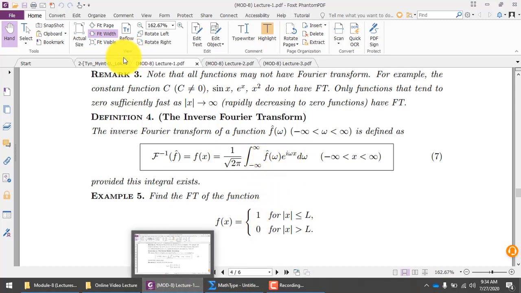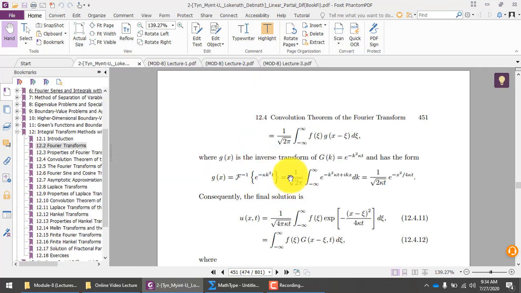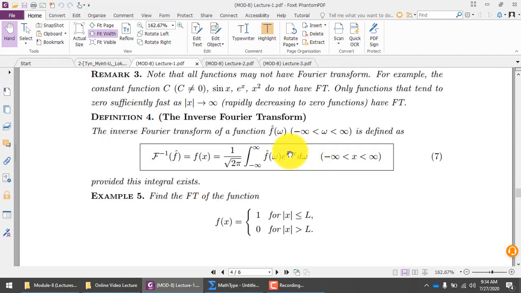This definition has been used there. f tilde is there, and e to power minus k square k t was the function originally, and e to power iota k x was also there. e to power iota omega x, not k x. We are using omega.